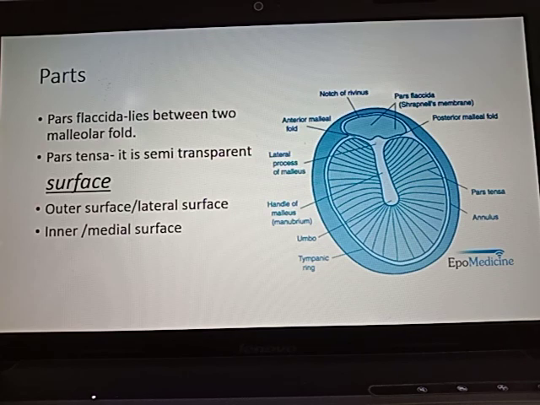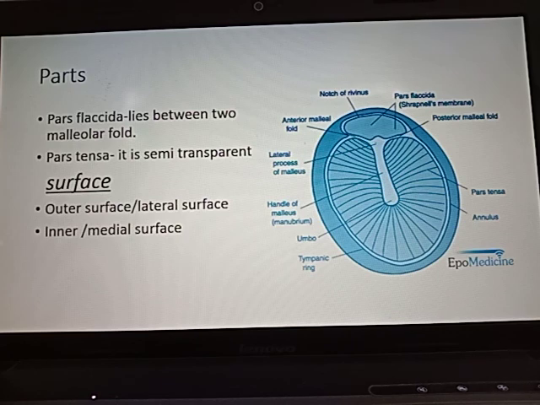The other part is known as the pars tensa, because the lateral process of the malleus pulls this tympanic membrane inward, so it becomes tense. This pars tensa is trilaminar, containing skin, fibrous tissue and mucous membrane from outside inward, and it is semi-transparent.